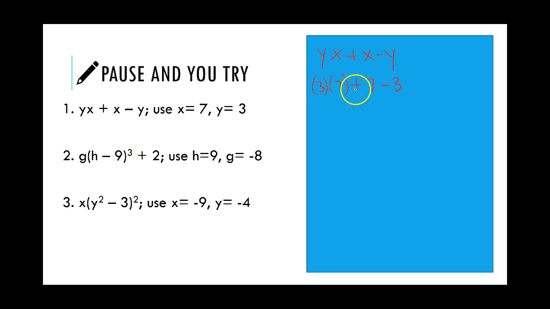So I'm going to do the multiplication first. So it's 21 plus 7 minus 3. Now I do addition because it comes first. So that's 28 minus 3, which then gives me 25. Not too difficult. No negatives in that one.